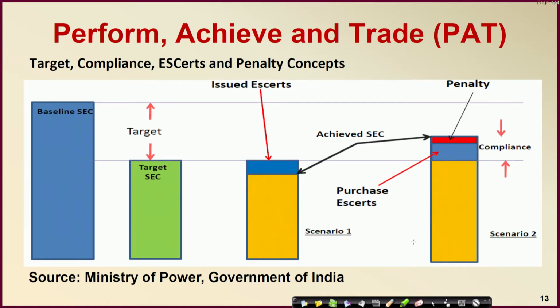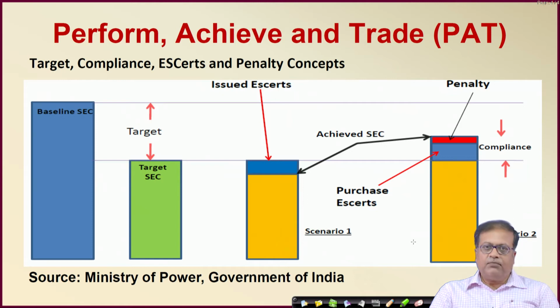If you use normal coal, or coal which is not very clean, obviously your efficiency will not be that much. But if you use cleaner coal, obviously you will be able to achieve better energy performance, but your cost will go up, is it not? So, this is one option.